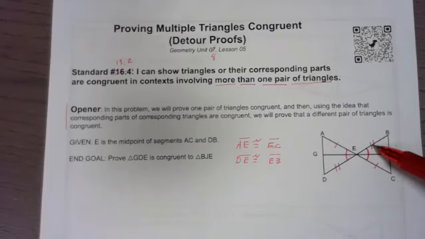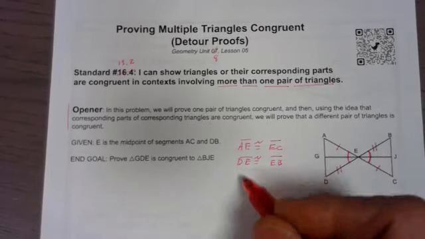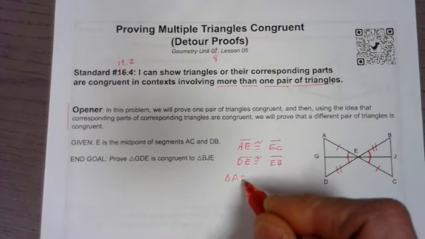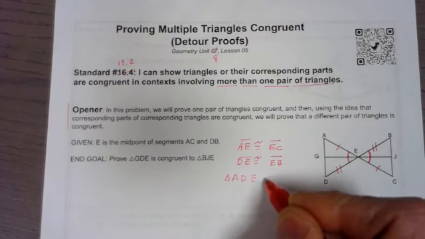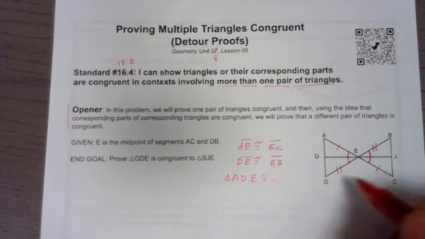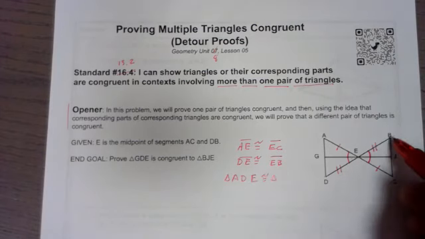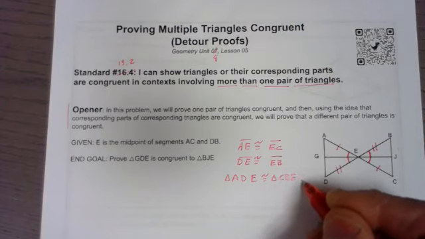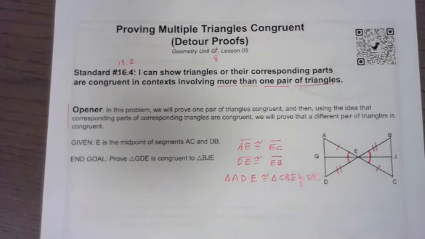All right, so let's go ahead and state that. Triangle ADE is congruent to triangle CBE by side, angle, side. All right, so we proved that.